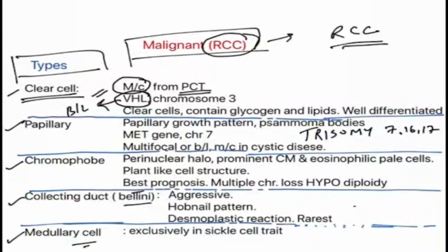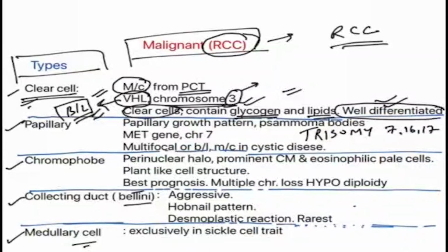These are also present in von Hippel-Lindau syndrome, and most tumors of von Hippel-Lindau syndrome are bilateral, and VHL is due to a gene defect on chromosome 3. Clear cell contains glycogen, lipid, and these are well differentiated cells.